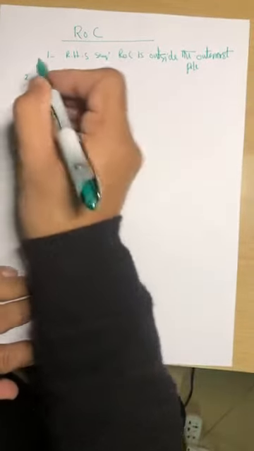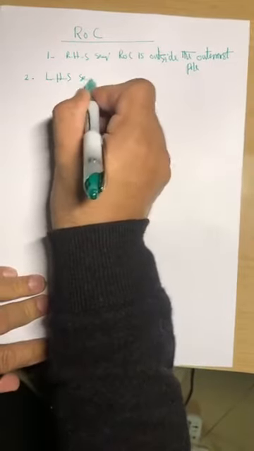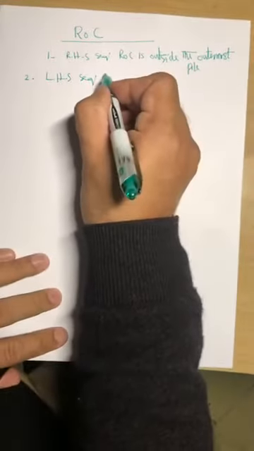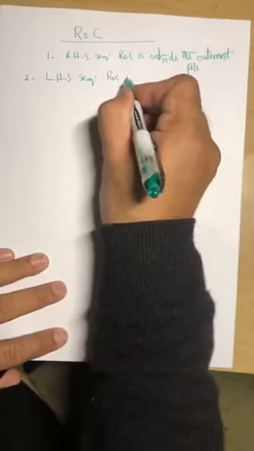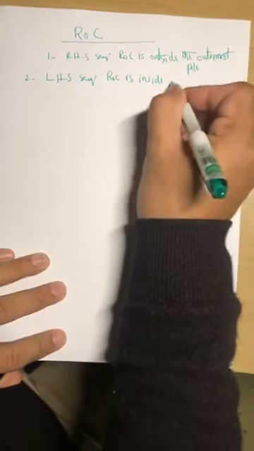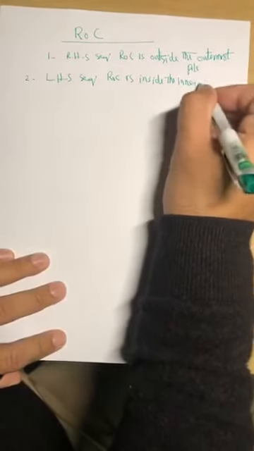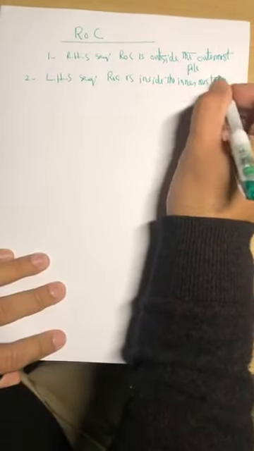Number 2, for left hand side sequences, the region of convergence is inside the innermost pole.